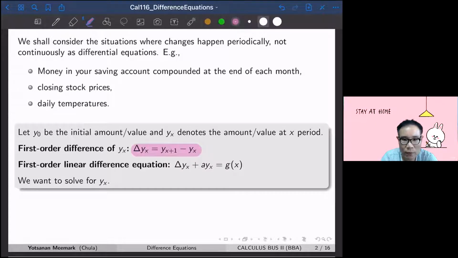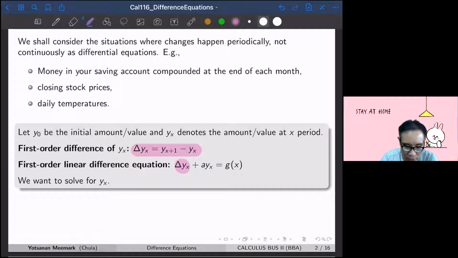That is going to be the change. And the first order difference equation will be the difference equation involving the delta y_x that you have here. It's going to turn out to be in the form of delta y_x plus a y_x equal to a function in x called g_x.